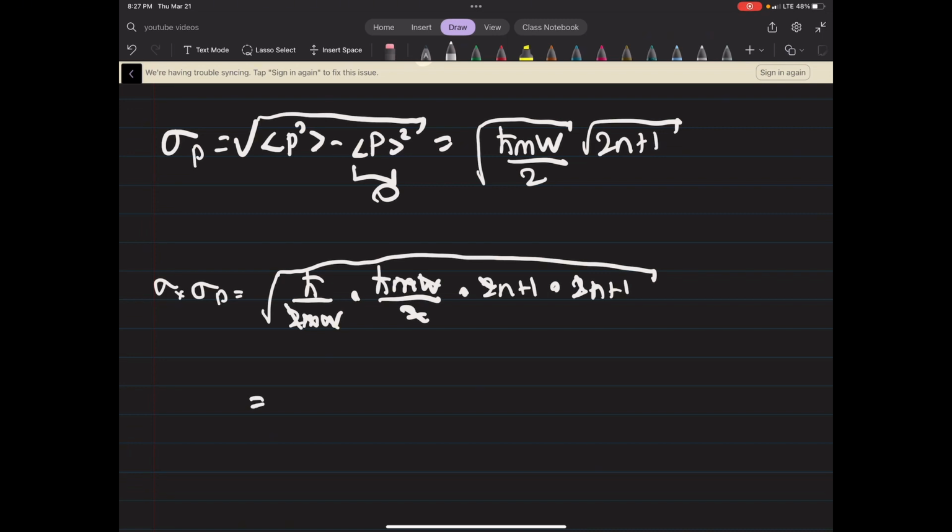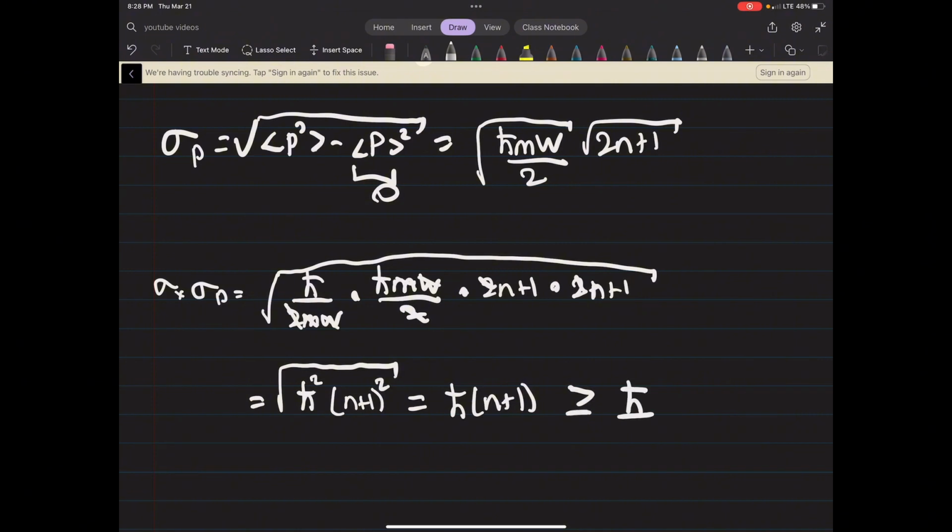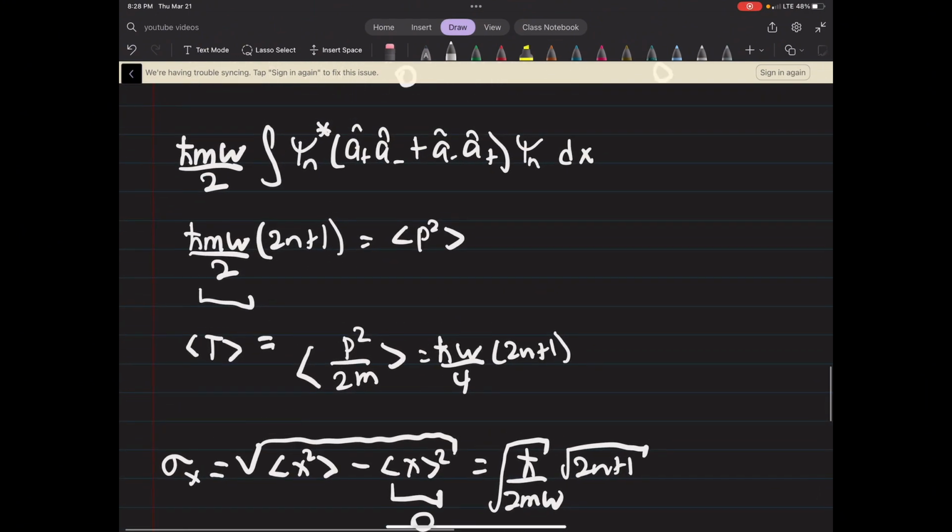So that is the square root of h bar squared times n plus 1 squared, which is h bar times n plus 1, and let's see, this needs to be greater than or equal to h bar divided by 2, which it is, assuming n is just some natural number. So that should just about do it.